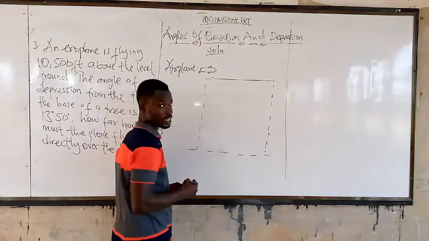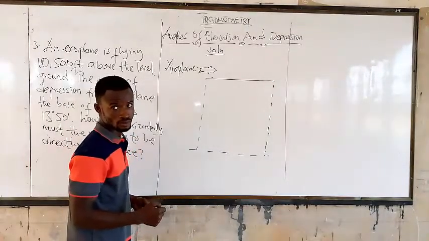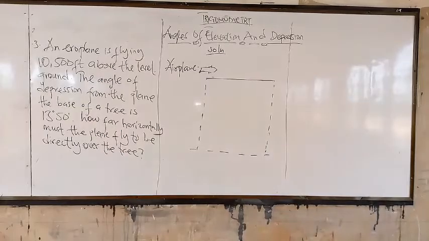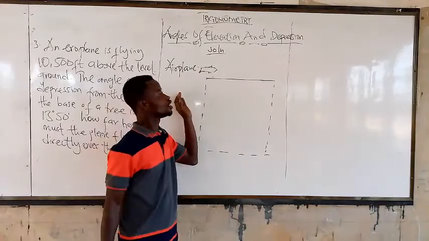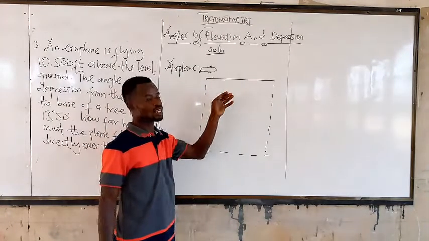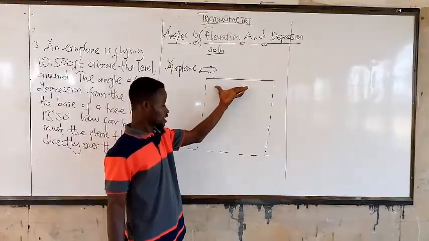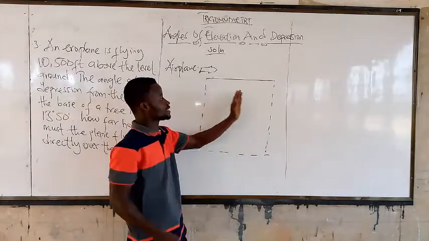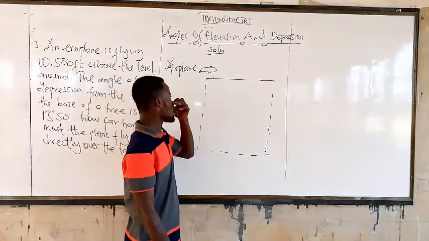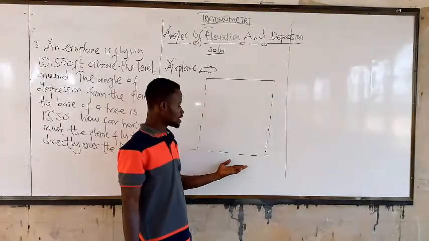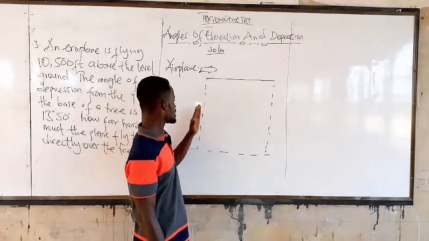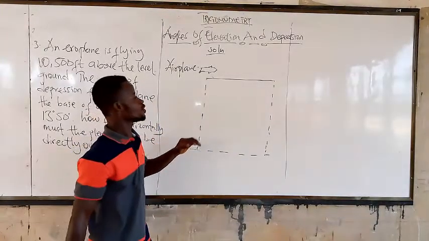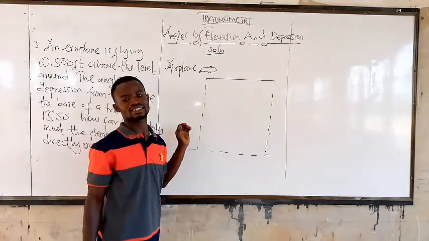So if it starts with this height and it reaches this height, the length above is going to be the length below, and it's going to form a rectangle, where the opposite sides are equal.